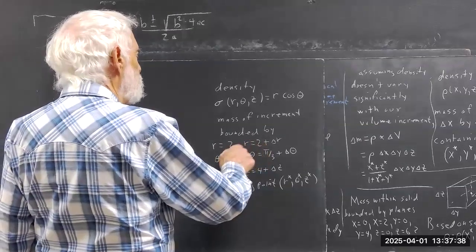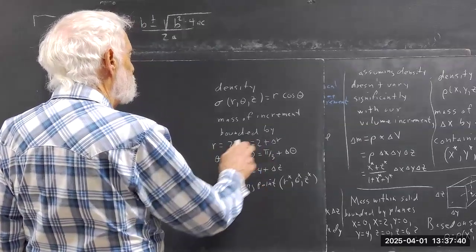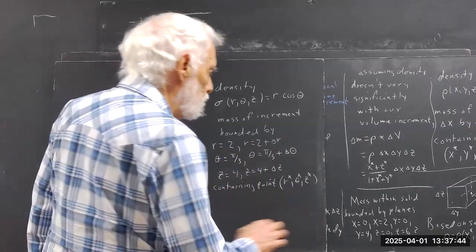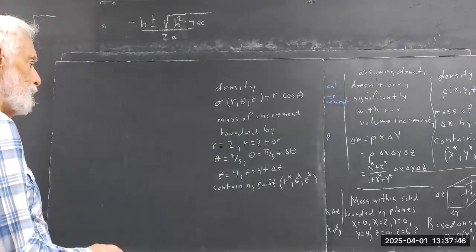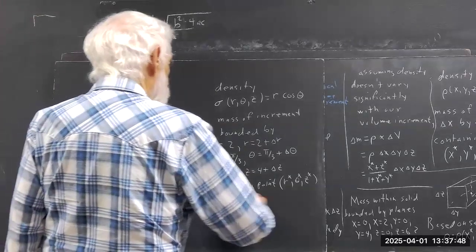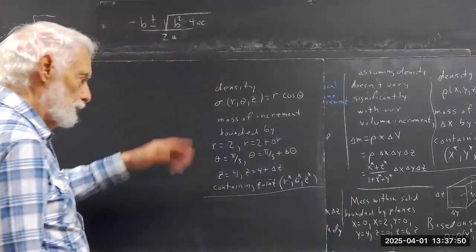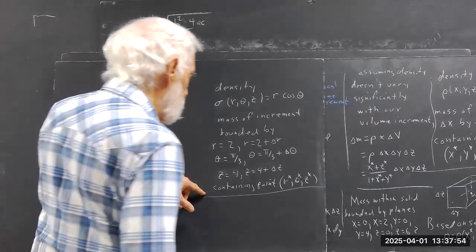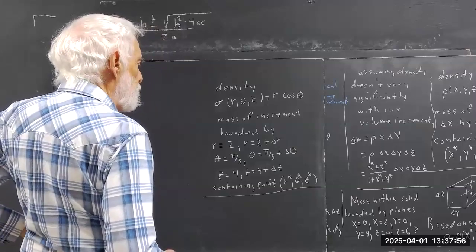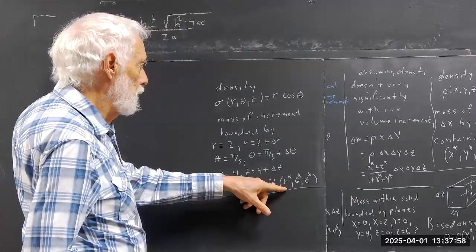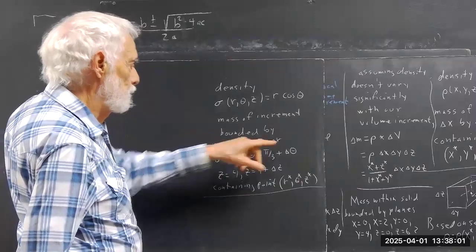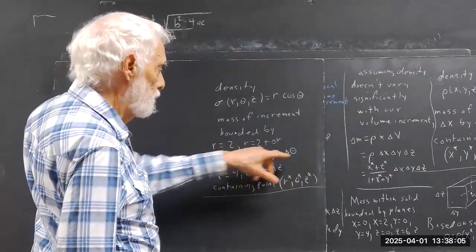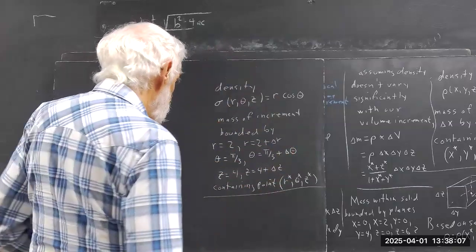Now the twos here, the pi over threes here, and the fours here really don't have any significance. If I was thinking more clearly, I might have done it a little bit differently, but you'll see how it works out. So r star would have to be in this case between 2 and 2 plus delta r, theta star between pi over 3 and pi over 3 plus delta theta, etc.